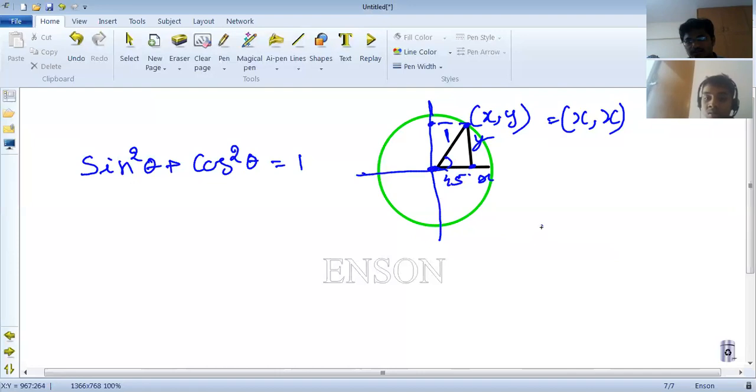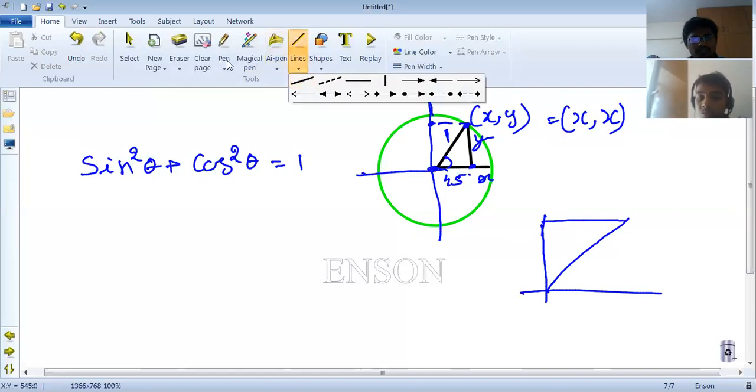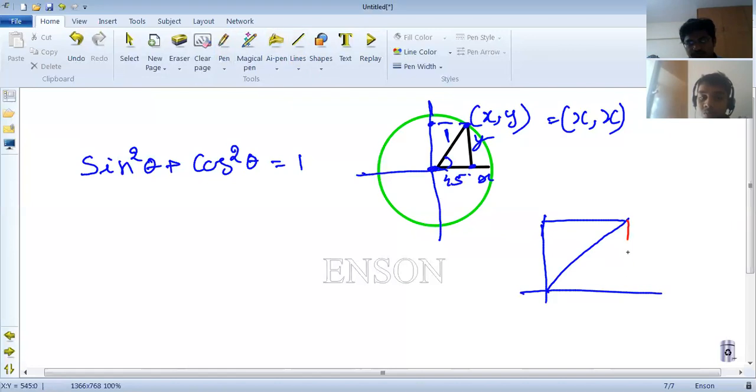See, it is a right angle triangle. I am constructing two triangles here. This is one triangle, and one more triangle is like this, with respect to the hypotenuse. Here is the origin, and the point is here, x comma y.